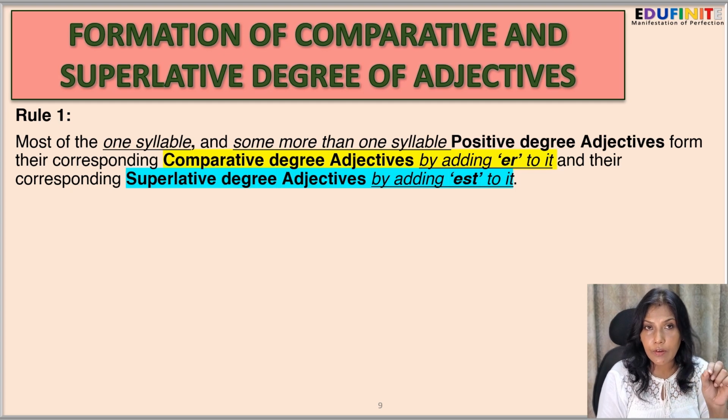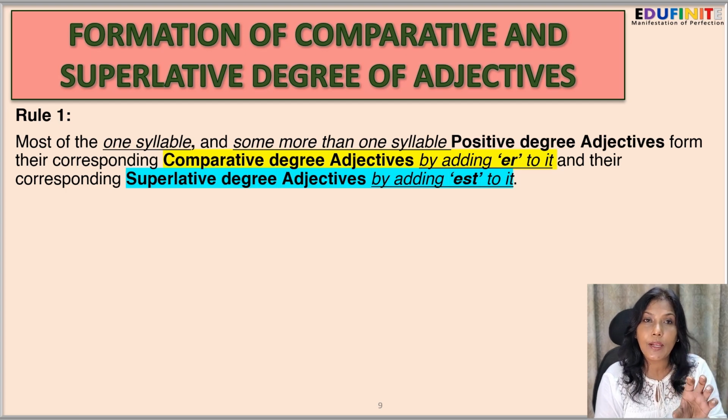So the positive degree, to convert it into comparative degree, we just have to add er to it, and their corresponding superlative degree by adding est to it. So it will be converted to superlative degree by adding est behind the positive degree.